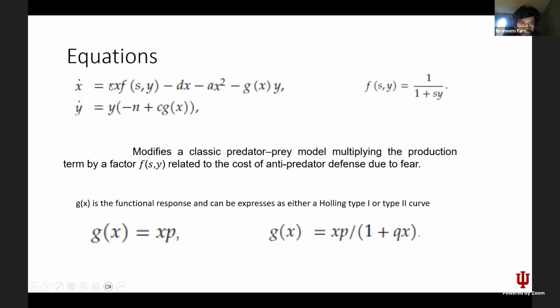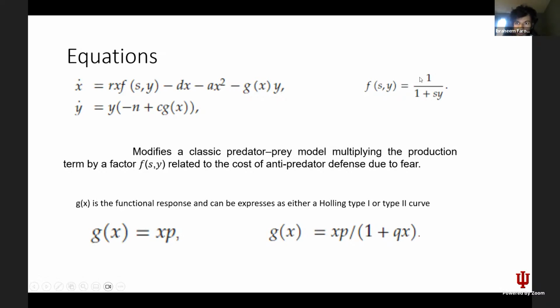Specifically, the predator growth is related to its intrinsic growth rate times itself, and then also times this f(s, y) function. And this f(s, y) function is the fear equation, as they call it. The fear equation is basically any decaying function.